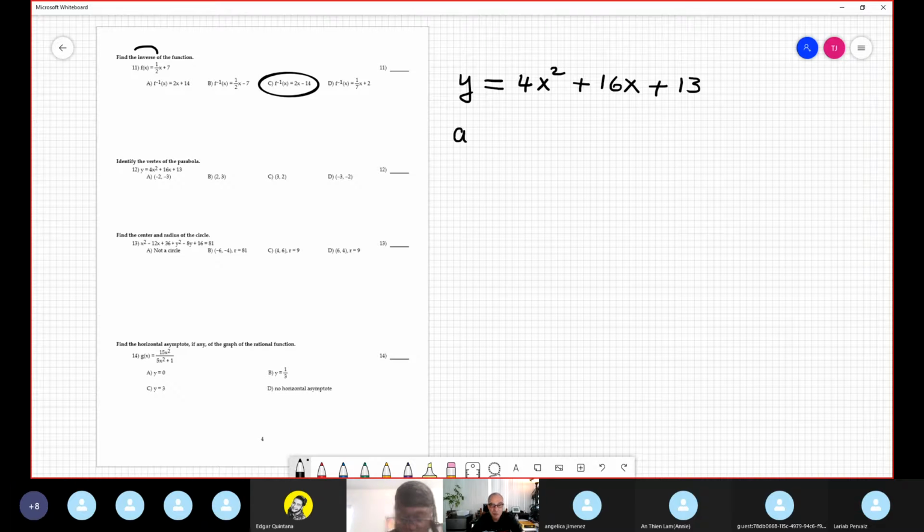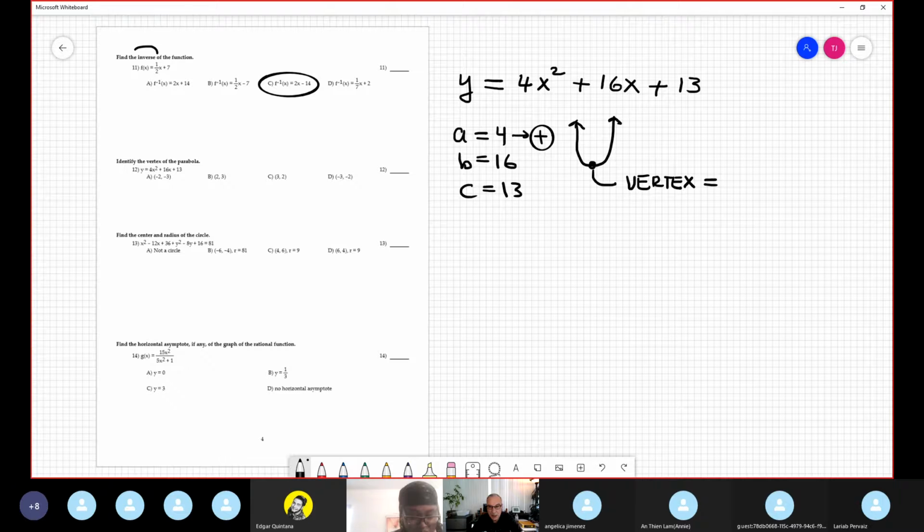So A is 4, B is 16, and C is 13. This parabola opens up. How do you know it opens up? Because A is positive. When A is positive, it opens up. And my goal is to find that point. It's called a vertex. The vertex I call H comma K. H is the X component, K is the Y component.